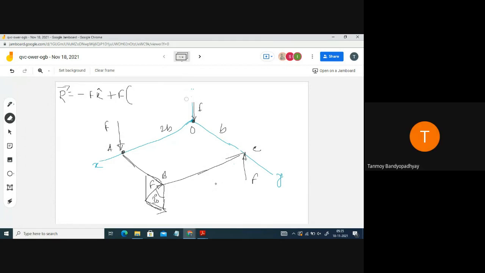On this side there will be a component, minus i cap. Wait, this one is 30, so the z component is cos and this one will be sin, right? Yes, sir. So this one will be sin.